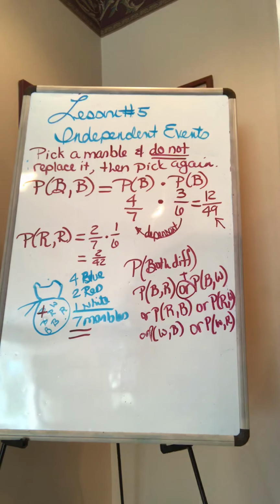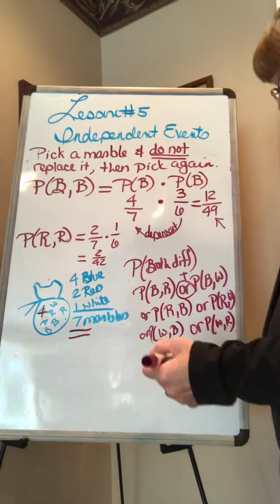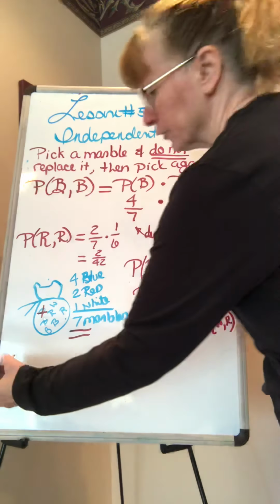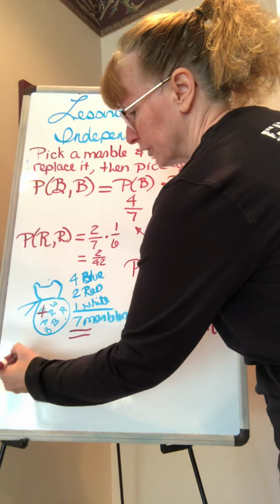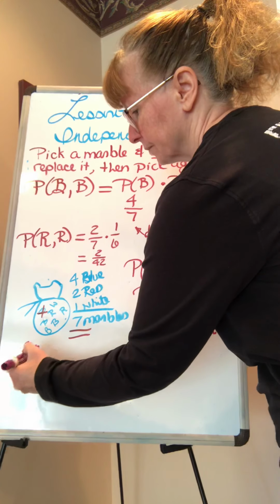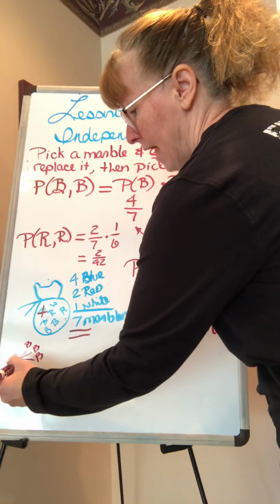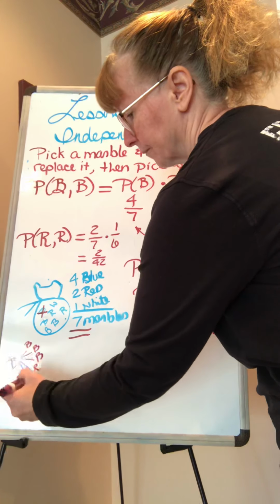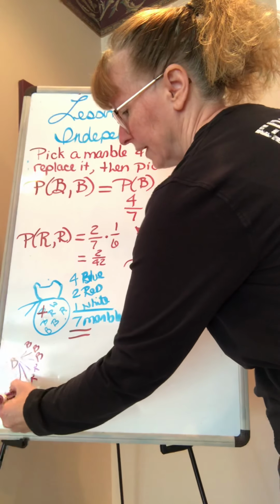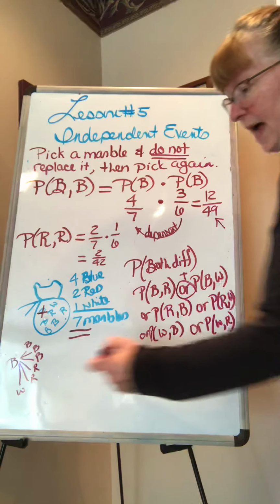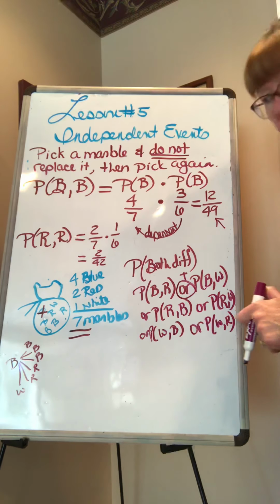In this instance, this is when I would think that the sample space would be better because then I can count my branches. So if I picked a blue, there's 3 blues left. And then there's the 2 red. And then the white. Now this is going to happen 4 times.